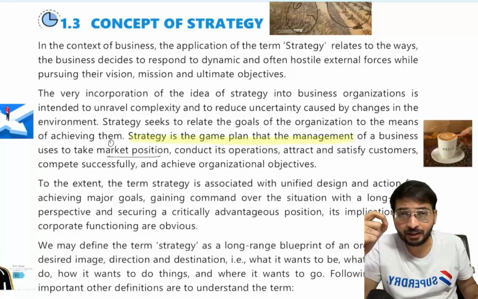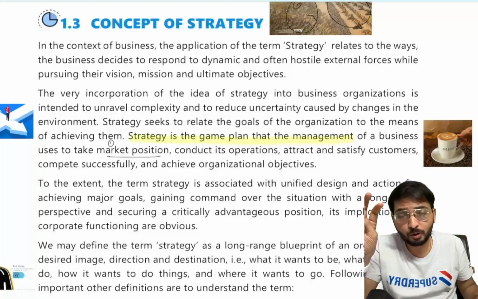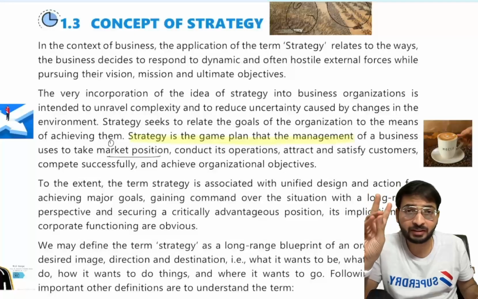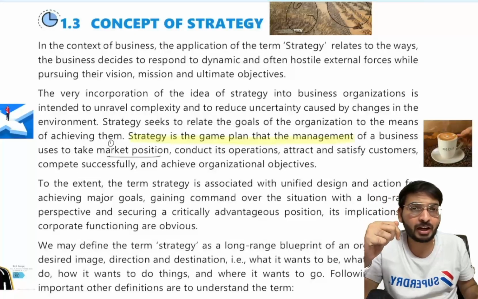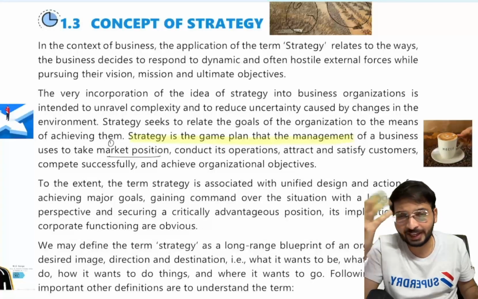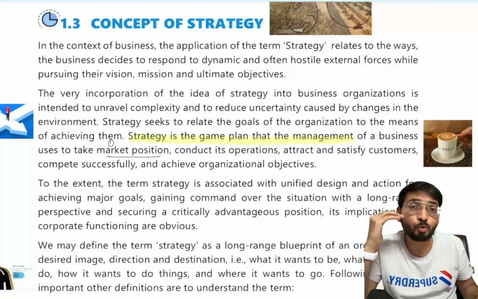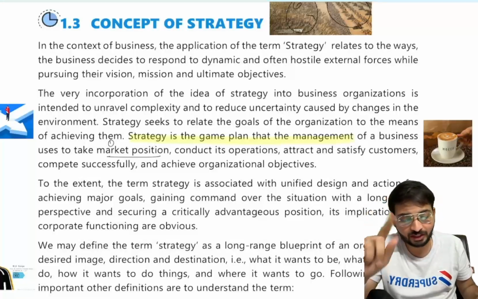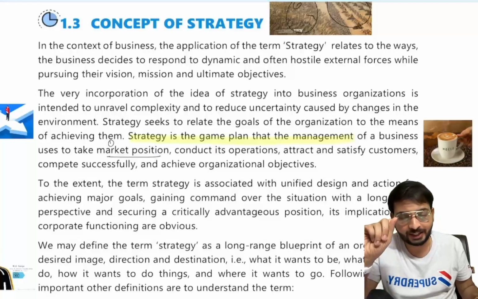Now, if you see Tata, earlier they were not performing well when they had Indica, all this. So slowly they launched Harrier, slowly they launched Safari, all this. And again, if you see in the EV segment right now, Tata is number one. So what is the strategy? We have to go to EV properly by Nexon, by all the models they are releasing. Right now they are improving the market position. So that is the first thing: strategy is a game plan used by the management to take the market position.